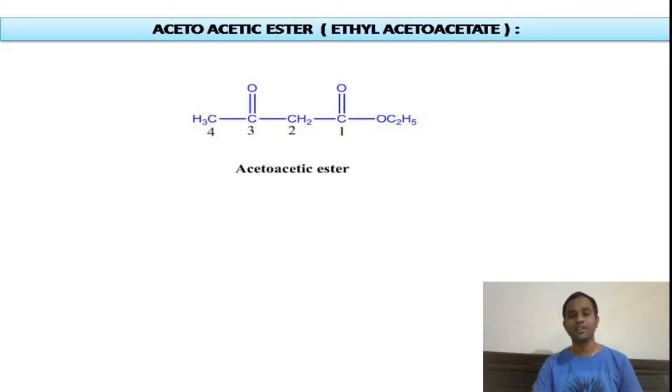So in this way, this compound can be named in 4 ways. One is acetoacetic ester, ethyl acetoacetate, beta keto ethyl ester of butyric acid, and 3-oxo ethyl butanoate, right? And this acetoacetic ester is an example of an active methylene compound.